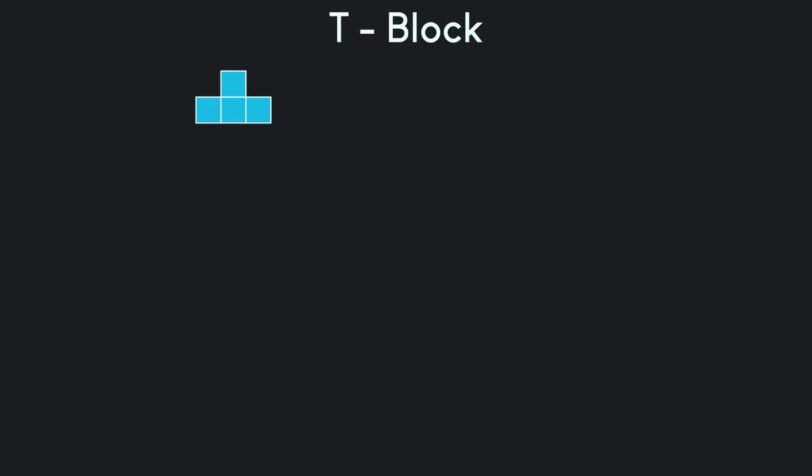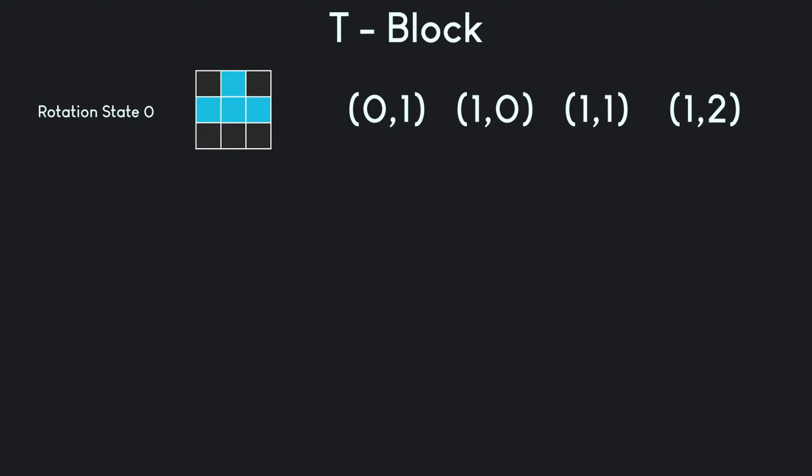Imagine the T block in Tetris. We draw a box around it and we divide it into a grid with 3 rows and 3 columns, making it 9 cells in total. However, we only need to store the cells that the T block occupies, not the whole grid. If the T block is in its first state 0, we only need to store the values 0, 1, which means that the cell in row 0 and column 1 is occupied.